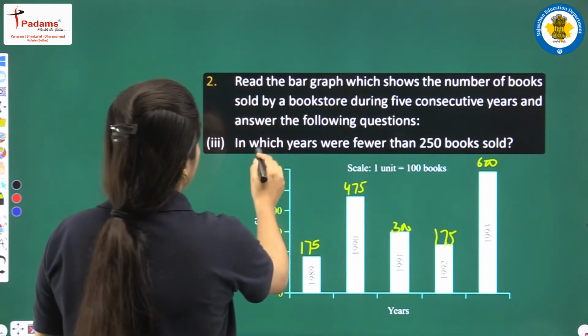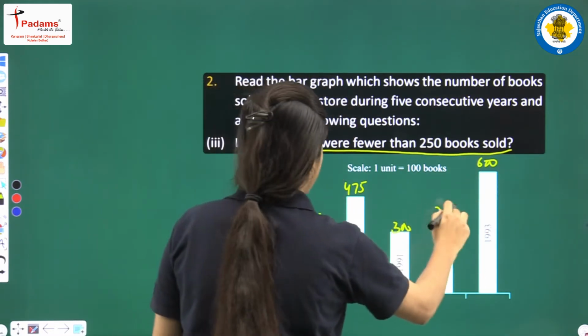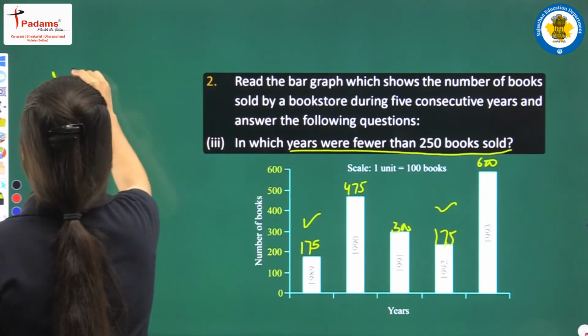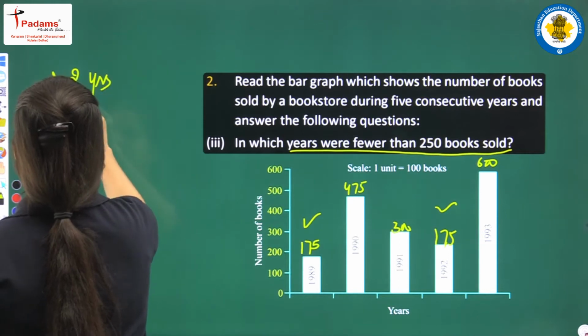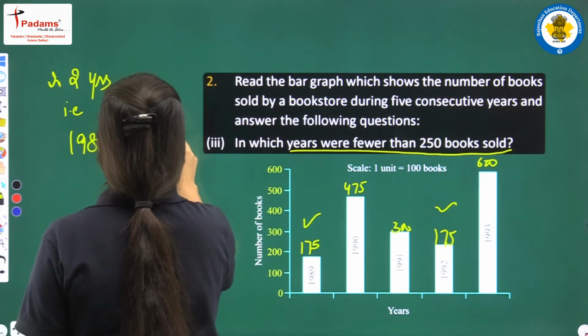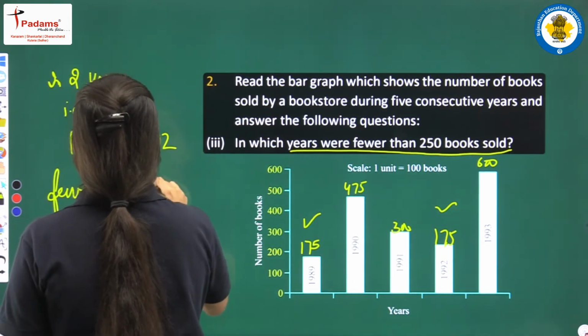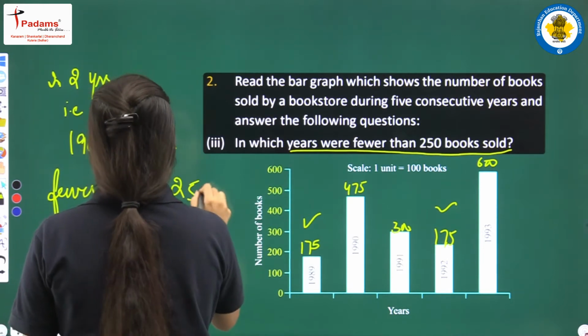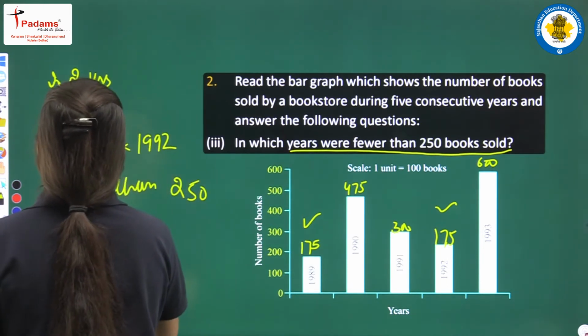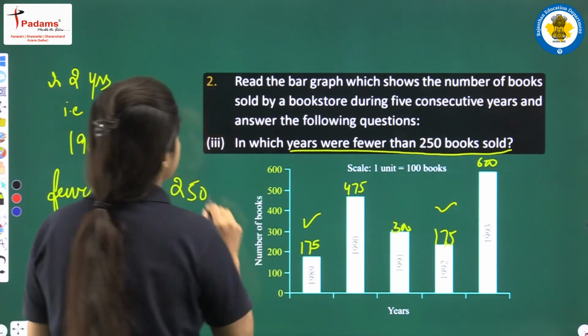So in which years were fewer than 250 books sold? In 2 years, that is 1989 and 1992, fewer than 250 books were sold. So this is your third part.